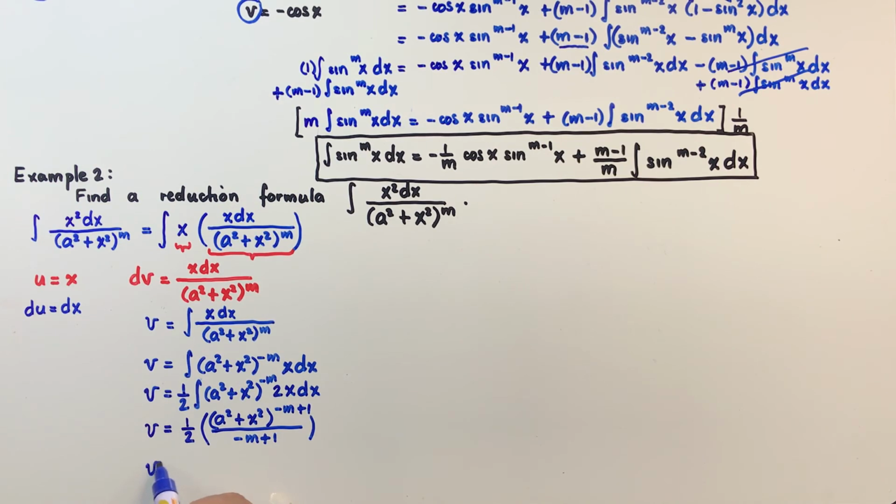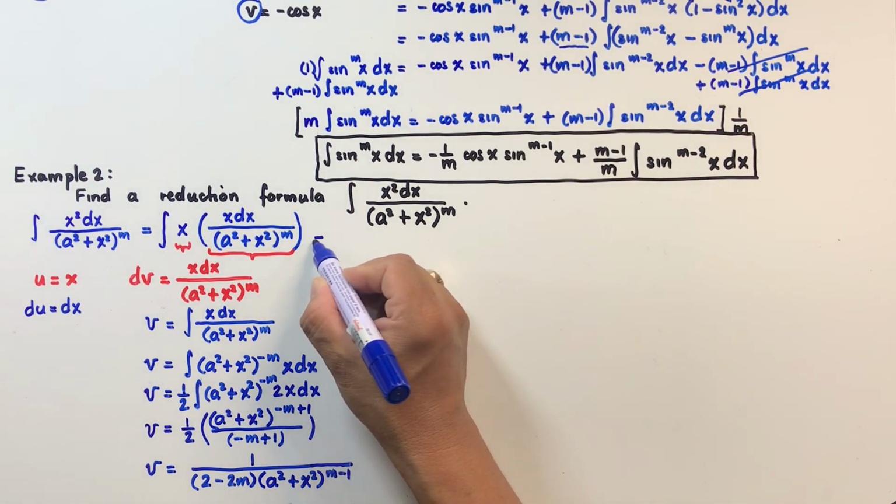And rewriting this one, we have 1 over 2 minus 2m, because when I distribute these 2 to this constant negative m plus 1, we have minus 2m, which I have here, and 2 times 1, which is 2. But I need another factor, which is a squared plus x squared to the power m minus 1, because using the laws of exponent, when you move this one down, the exponent will be changed to its opposite sign. So this is now our v.